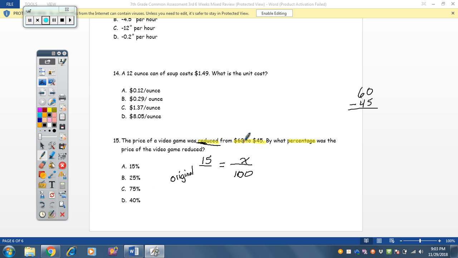Was the video game $60 originally or $45 originally? $60 originally. So now you have to multiply 15 times 100 and 60 times x. Once you have that multiplication done, you're going to divide. And make sure when you divide, it's top and bottom out. Don't lose track of those zeros.